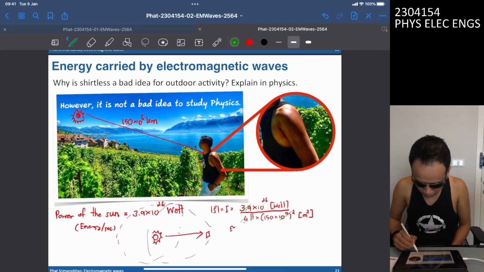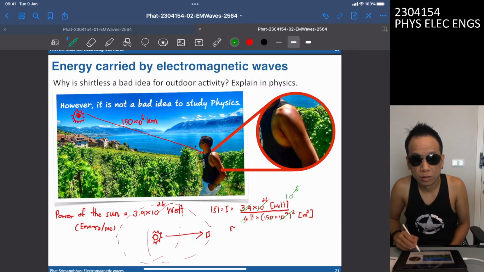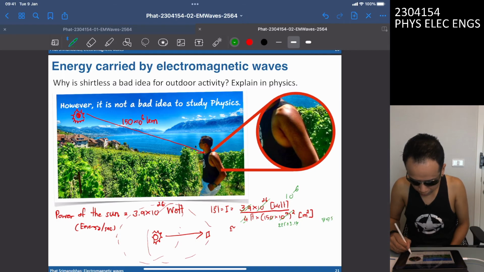So 15 times 15 is 225, and 225 times 3.14 is roughly 775, times 10 to the 6.